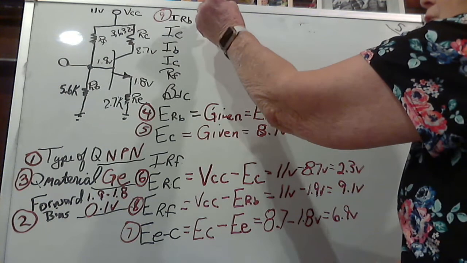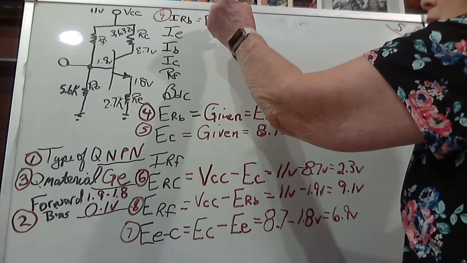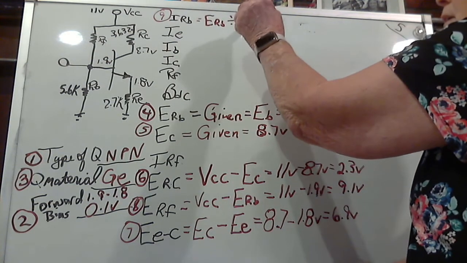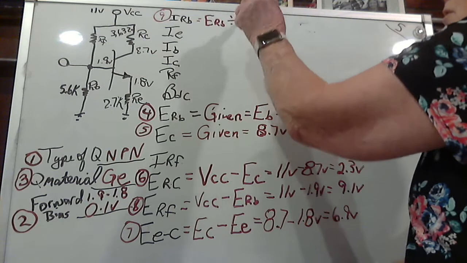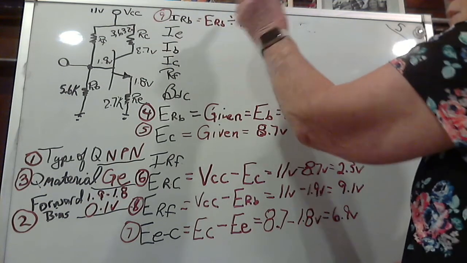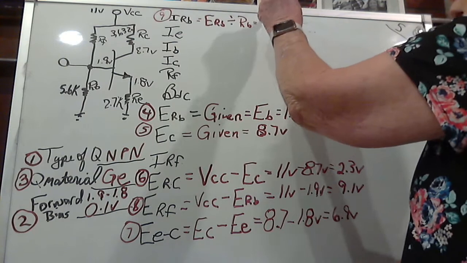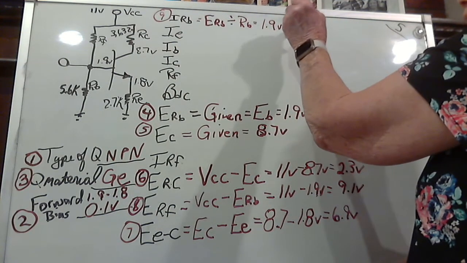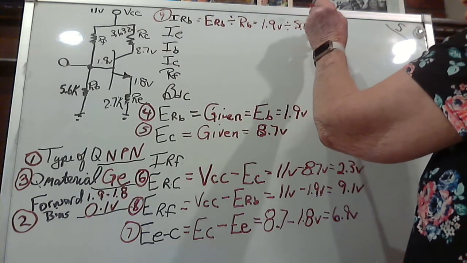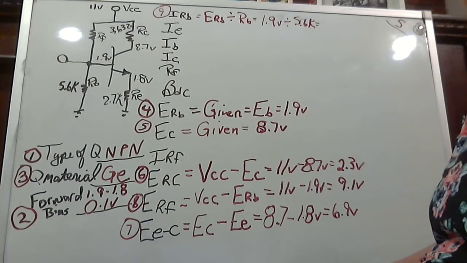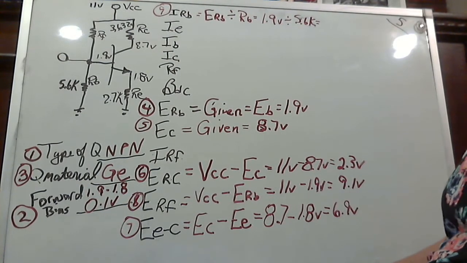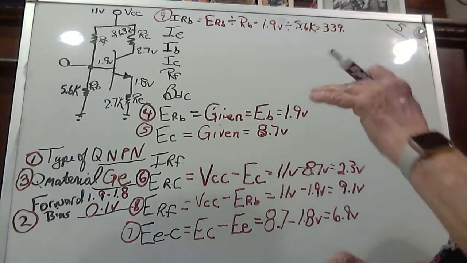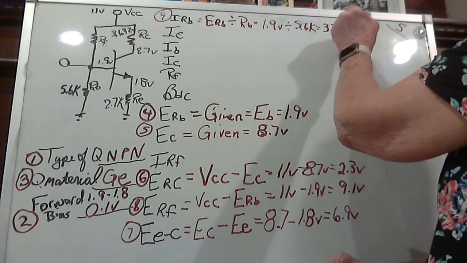So if I have the voltage across RB and divide it by the resistance of RB, that's going to equal the 1.9 volts divided by the 5.6K ohms, and that will give us our current of approximately 339.3 microamps.